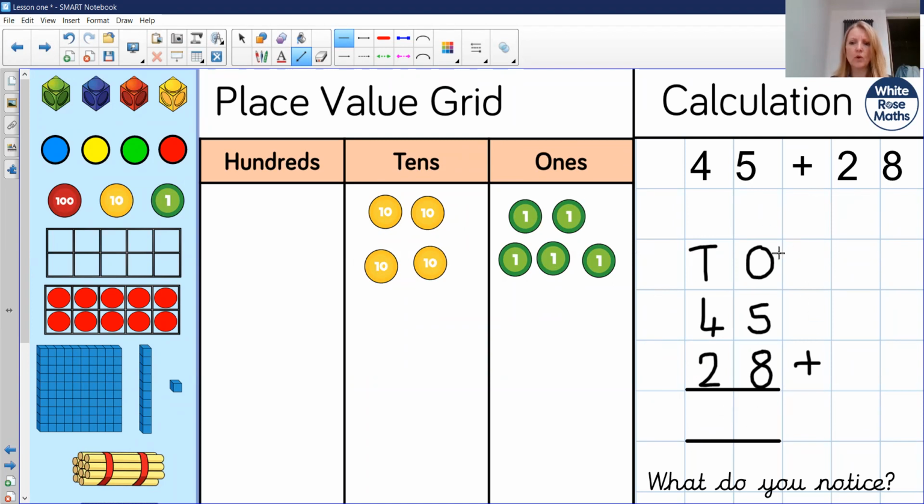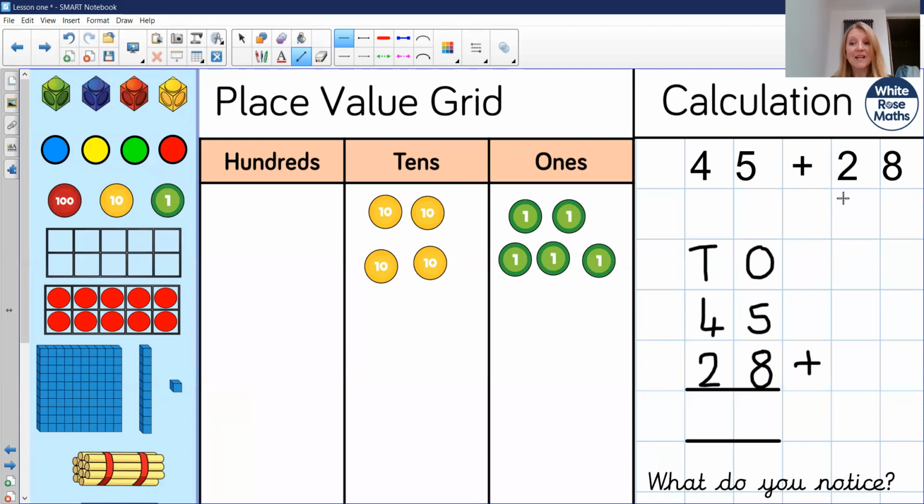Now, it's really important when we are learning how to do written methods of calculation that you set out your calculations in a certain way. So at the top here, you can see our tens and our ones. And then underneath, you need to really make sure that your columns line up. So 45, the 4 is in the tens column and the 5 is in the ones column.